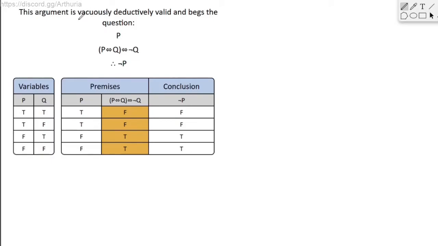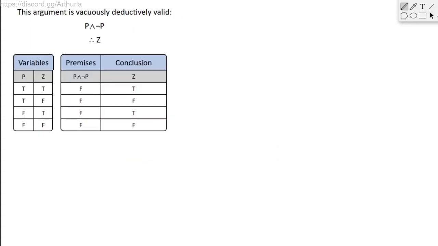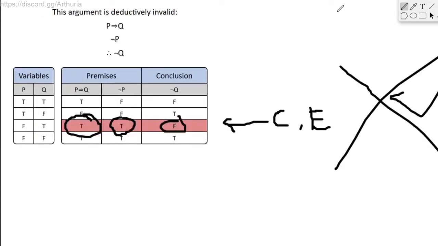Now, going back to this guy, it says that it is vacuously valid and it begs the question. Vacuous validity is like this guy, where it says vacuously valid. This is vacuously valid because there is not a situation where the premises are true together.